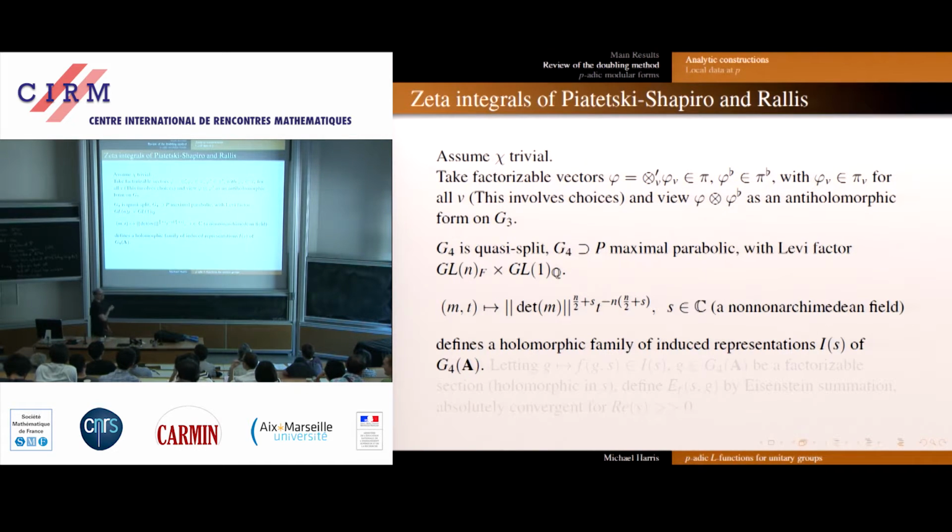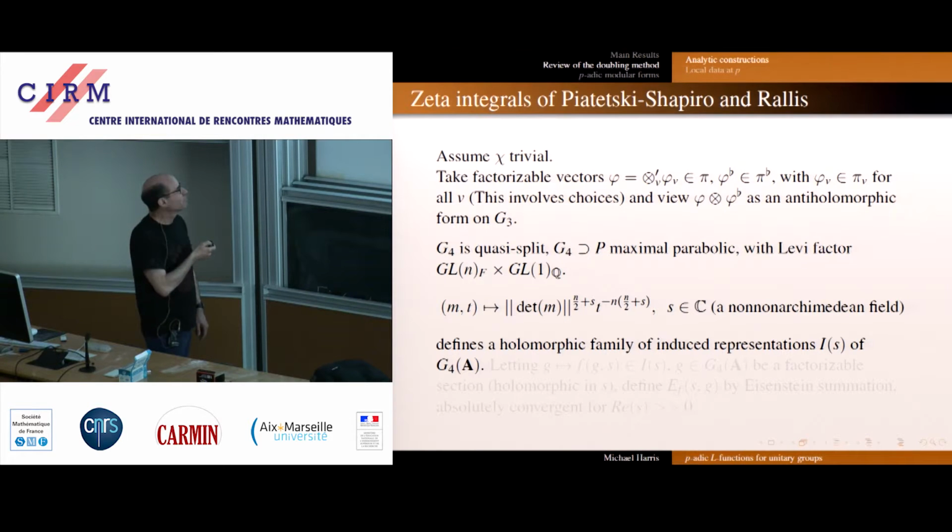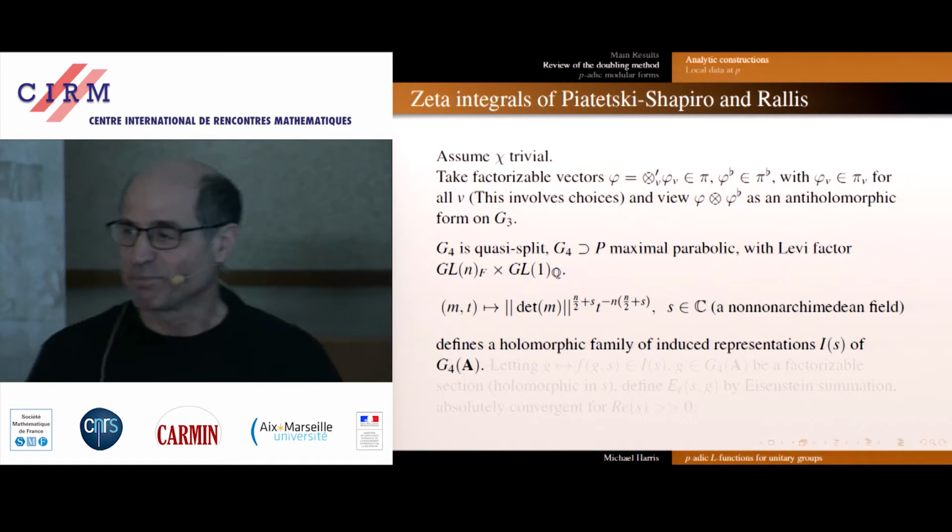Now, C, for those of you who are not familiar with it, is a non-Archimedean field that plays a very important role in the theory of automorphic forms. It has some peculiar properties, as you see on the very next board.